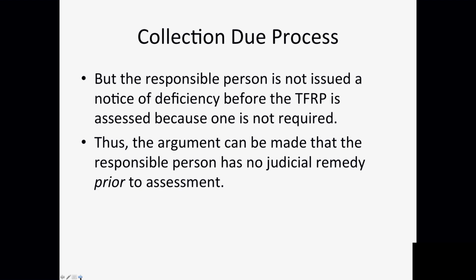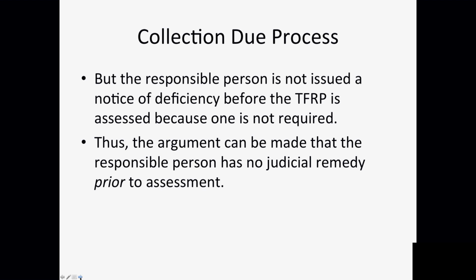But the responsible person is not issued a notice of deficiency, and keep this in mind, the responsible person is not issued a notice of deficiency before the trust fund recovery penalty is assessed, because one's not required. So the argument can be made that the responsible person had no judicial remedy prior to assessment. And so the notice of deficiency is sometimes used to bar the person who is contesting another penalty from attacking the merits in tax court.